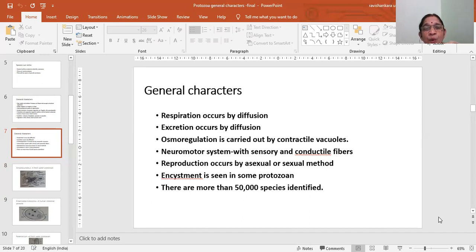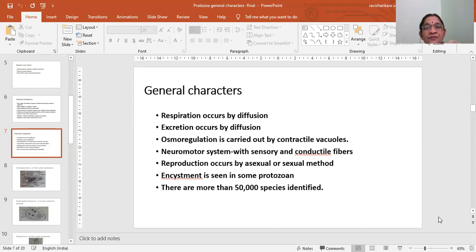A new nucleus called the synkaryon is formed after the fusion of genetic material from two different sources, yielding a different kind of nucleus. That gives a type of variation in the next generation, which is why it is called a sexual method of reproduction. Some protozoa show this kind of sexual reproduction.